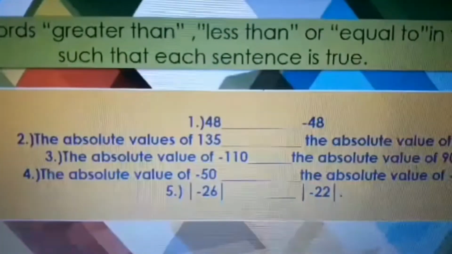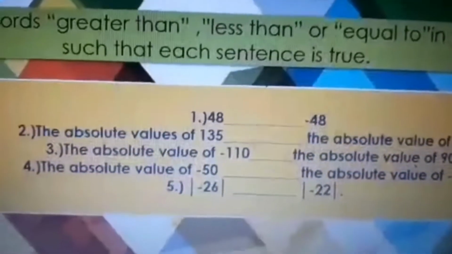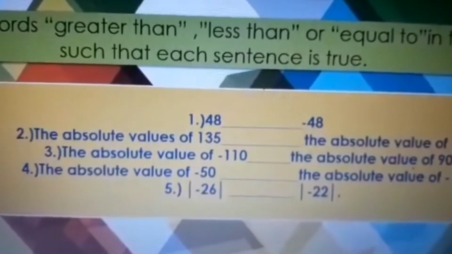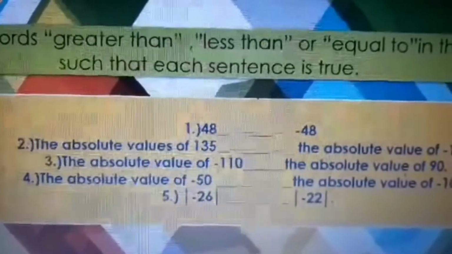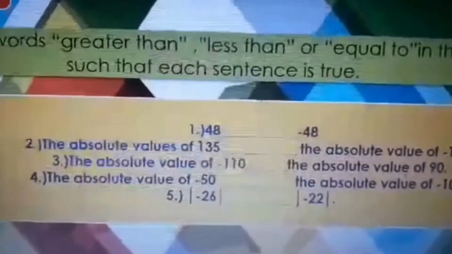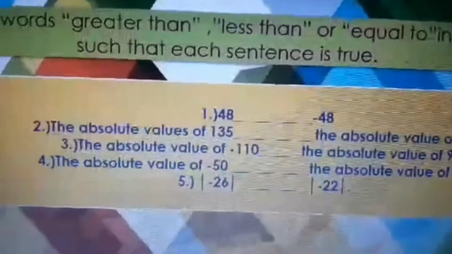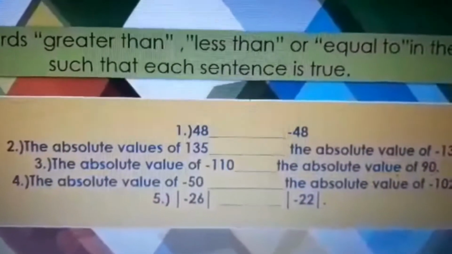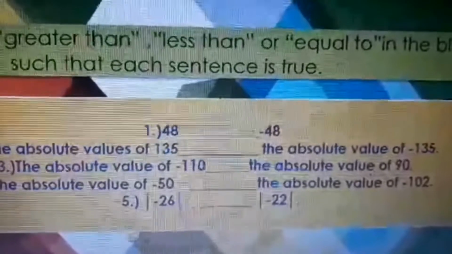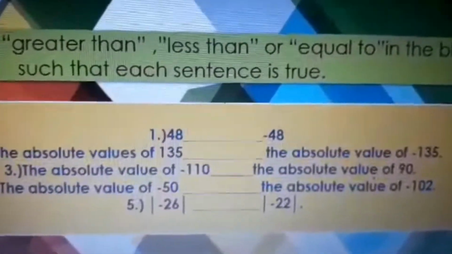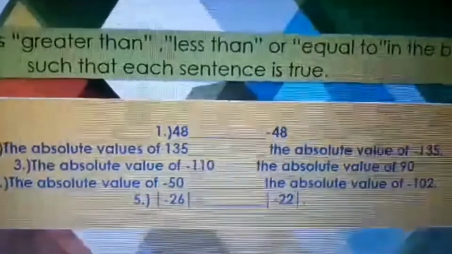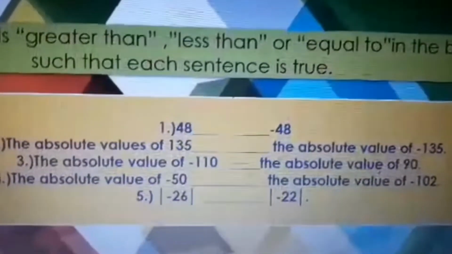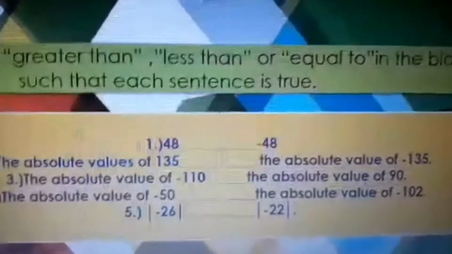Okay, let's answer. For number 1, the answer is 48 greater than negative 48. Number 2, the absolute value of 135 is equal to the absolute value of negative 135. They are the same.